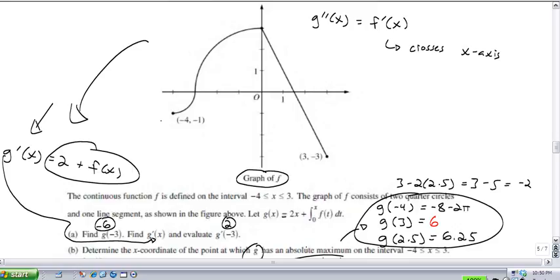So let's see. You got a 0 slope here, then you have positive slopes, then you have a 0 slope here, and then you have negative slopes.